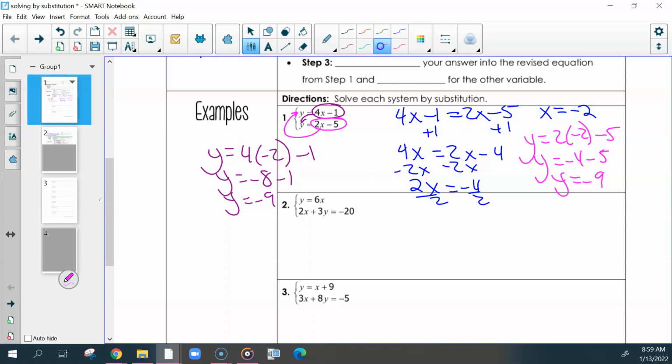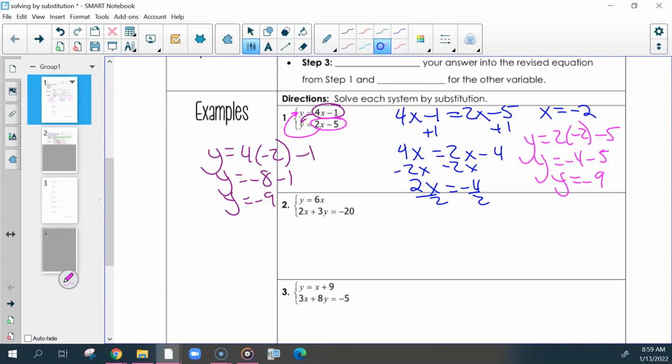Again, it doesn't matter which one you choose because you should get the same answer either way. As we continue on, you'll see that maybe one is easier to put back in than the other. But you can do either or, it doesn't matter.